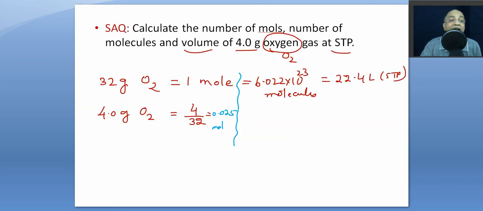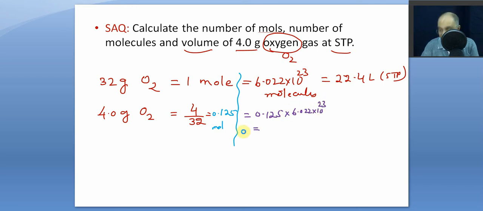I'm sorry, 0.125. So once you get the number of moles, the number of molecules will be simply 0.125 into 6.022 into 10 to the power 23.